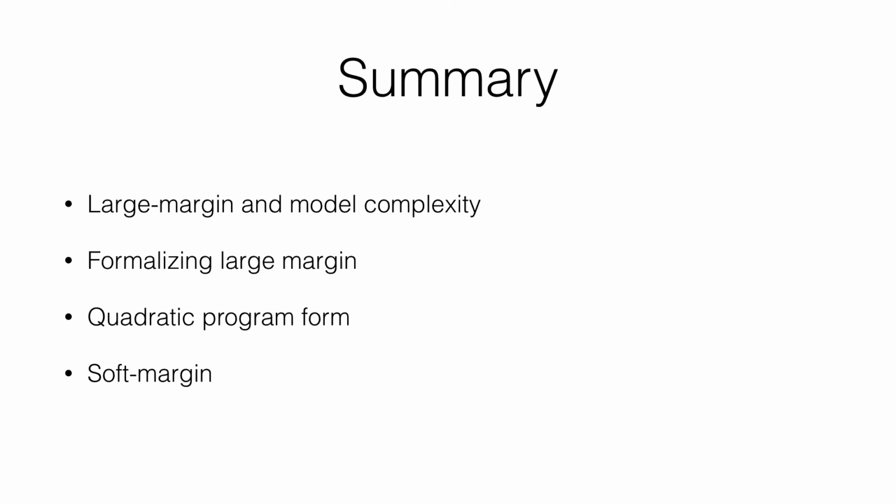Then that led us to a quadratic program that we can solve and get the solution to the large margin classification task. Then we talked about how we relax that to be able to handle situations where you have data that can't be exactly classified, or data that can be classified but not with the margin that you want, with the soft margin form.